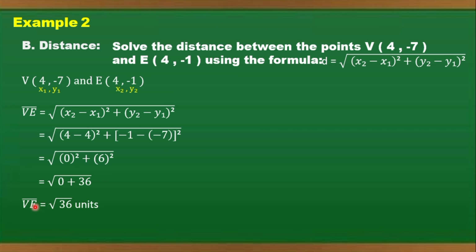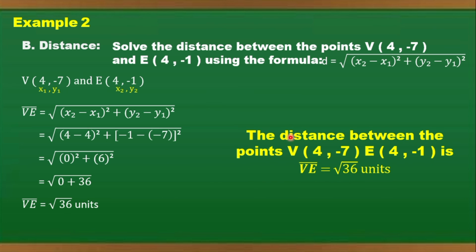So our line segment VE is equal to square root of 36 units. The distance between the points V, open parenthesis 4, negative 7, close parenthesis, and E, open parenthesis positive 4, negative 1, close parenthesis, is line segment VE is equal to square root of 36 units.